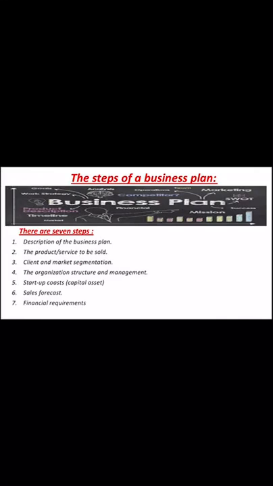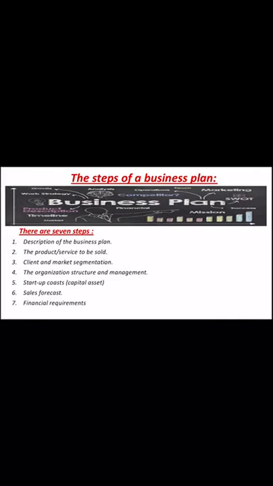Four, the organization structure and management, and this part is for the people you are willing to work with. And the structure, who's going to be the manager, who's going to be the CEO, and everything related to the jobs you're going to offer in your business. Five, the startup costs or the capital asset means the money, the amount of money or the budget you're going to start your business with.